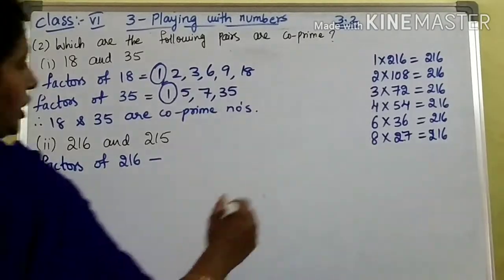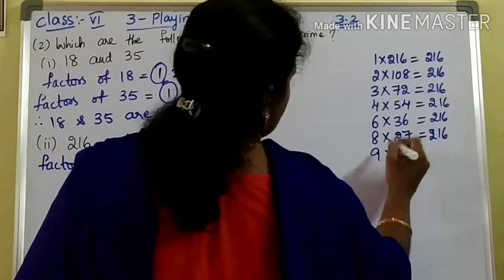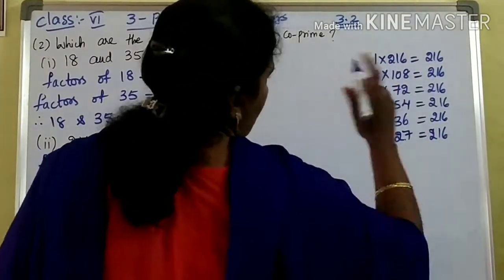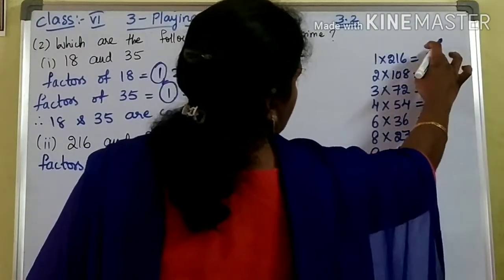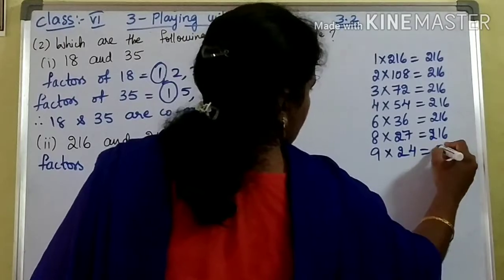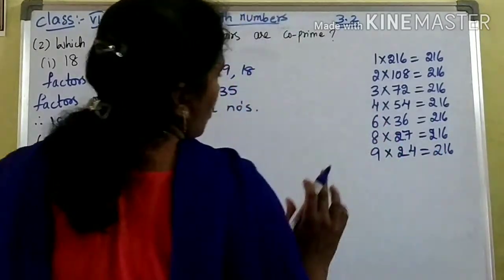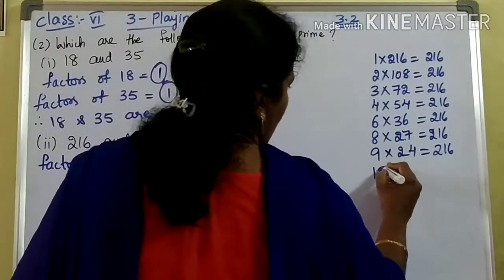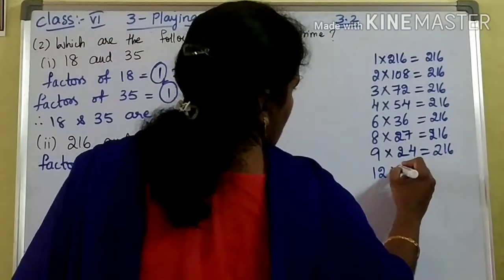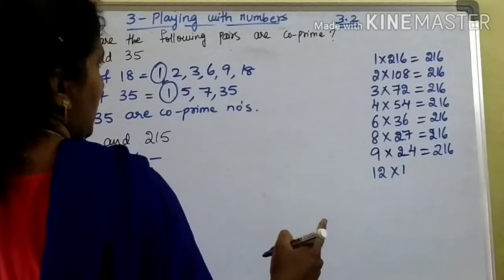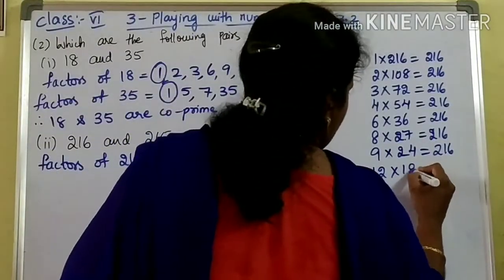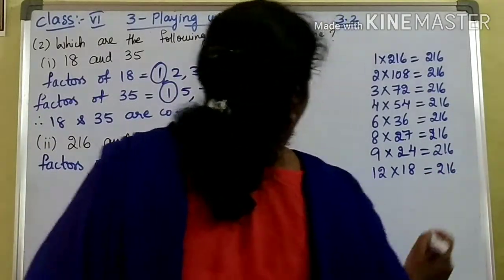It will go in the 9 table also, because the sum of the digits gives you 9. 9 how many times will it go? 9 2s are 18, 3 left over, 9 4s are 36, so 9 into 24 is 216. 10 won't go. 11 won't go. 12 will go. 12 1s are 12, and how much is left over? 96, 12 8s are 96, so 12 into 18 is 216.